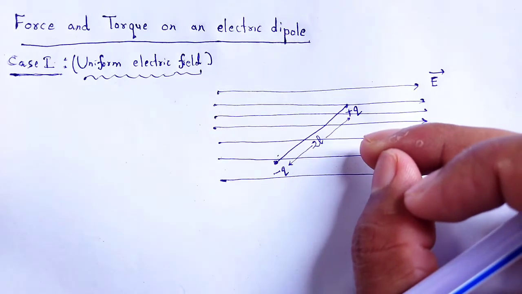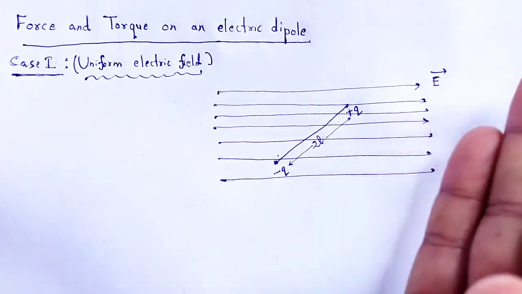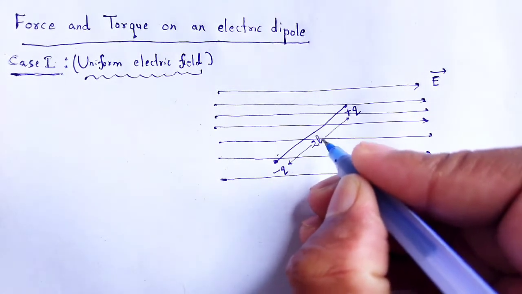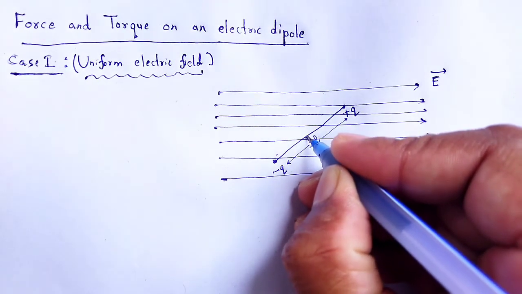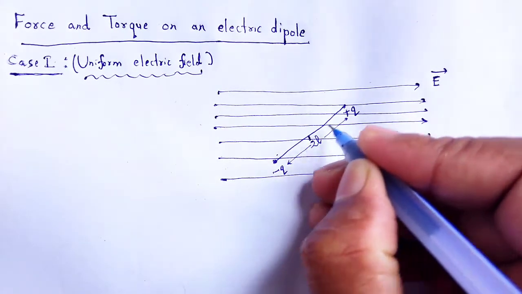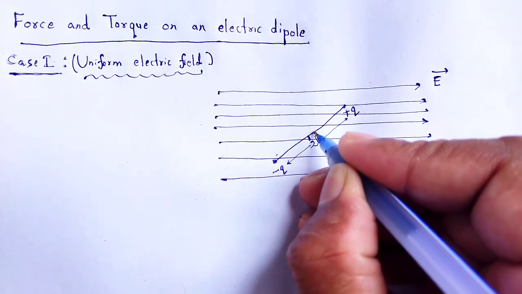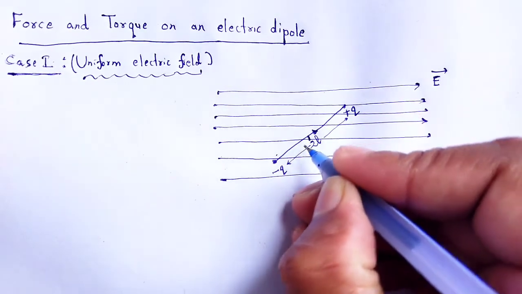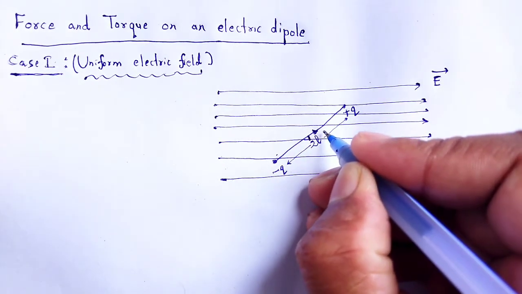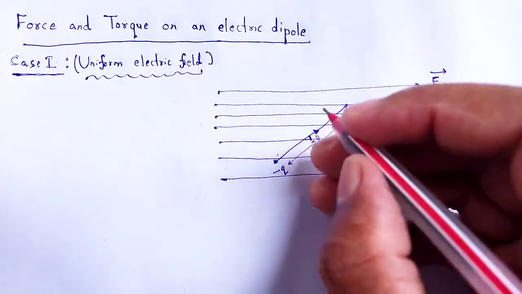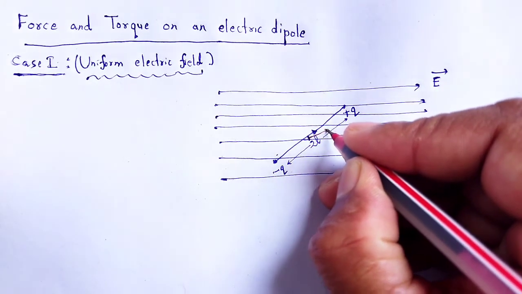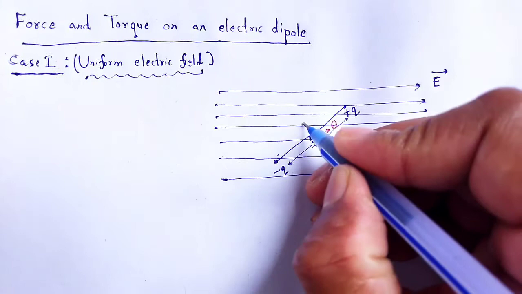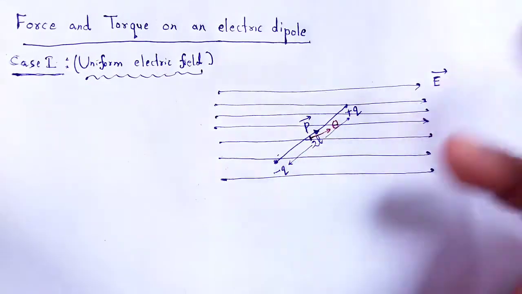The electric dipole makes an angle theta with the direction of the uniform electric field. This is the electric field, this is the direction of the dipole moment from negative to positive, and the angle between the electric field and the dipole is theta.